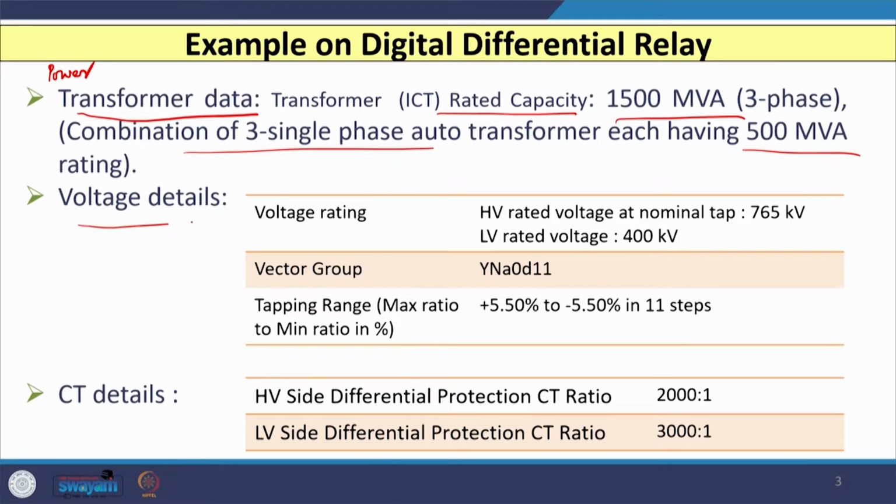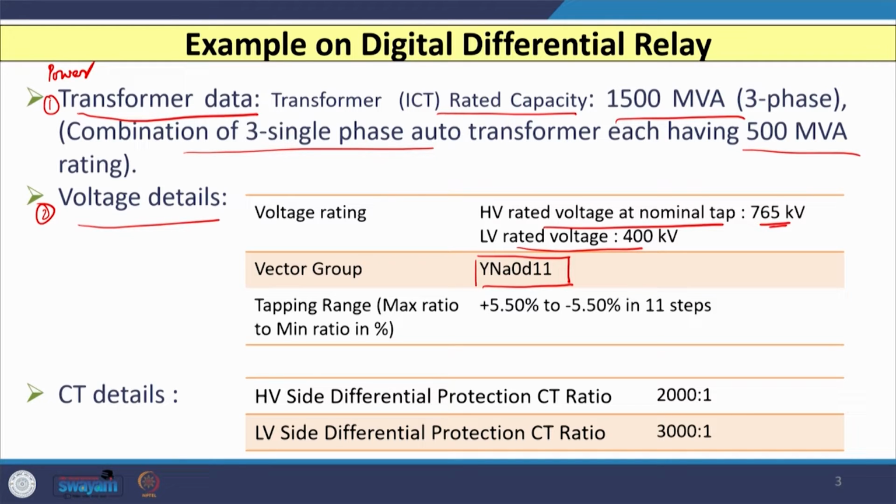Now, regarding the voltage details, assuming that tappings are available on HV side, the rated voltage of HV winding at nominal tap, let us say, is 765 kV, the LV rated voltage is 400 kV, and the vector group is shown as YNA0D11.